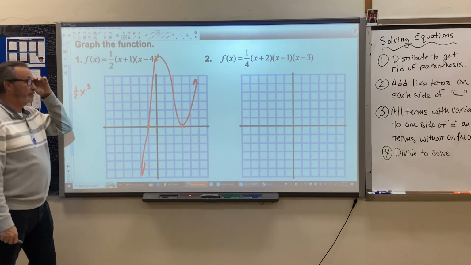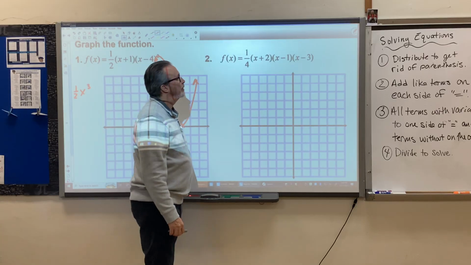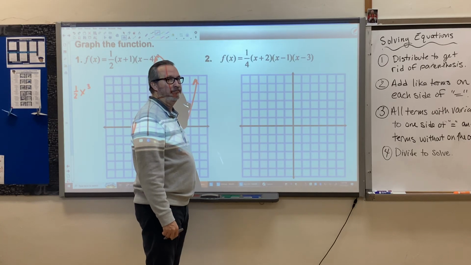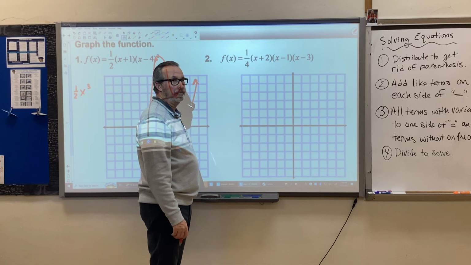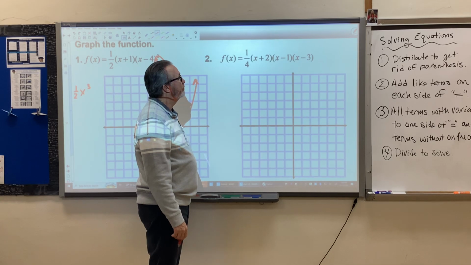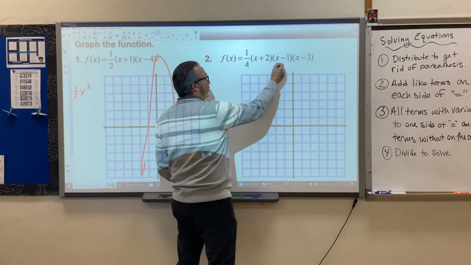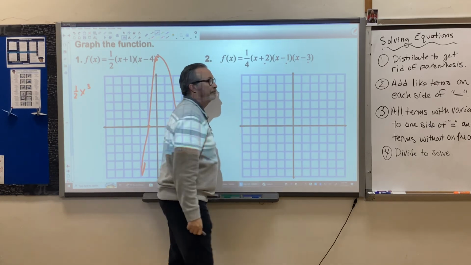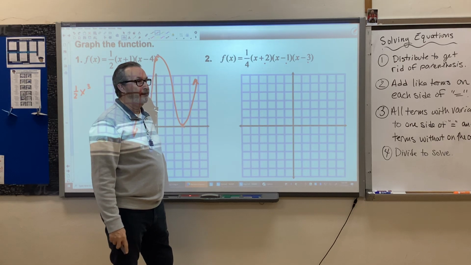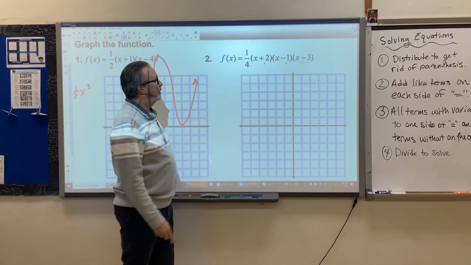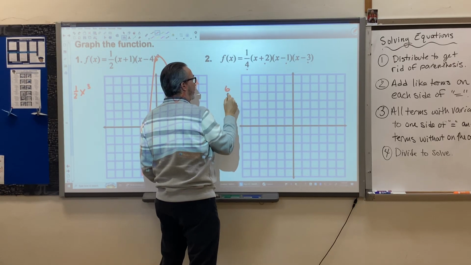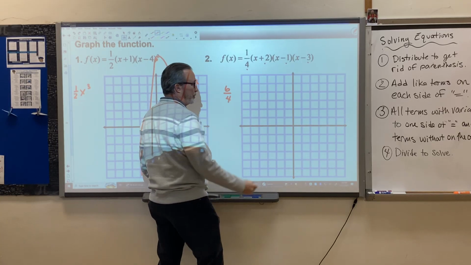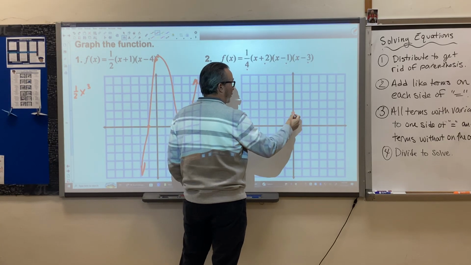This one, where's it cross the y-axis? This number times that number times that number times that. 1 and 1/2. Yeah. Negative 1 times negative 3 is positive 3 times 2 is 6. Times 1/4 is 6/4, which is 1 1/2.